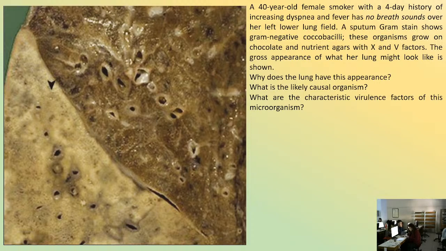And they lyse the tissue, and this is liquefactive necrosis. So this is destruction, and if you have this destruction, that's no longer reversible. And what can be in this area of liquefactive necrosis, we'll see next.